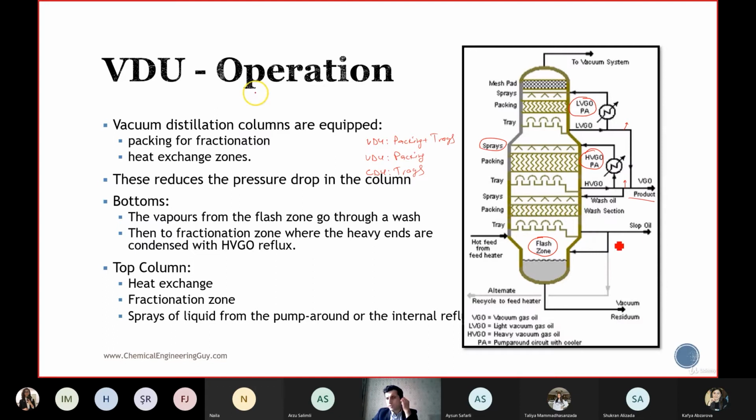Then we have the slop oil, which mostly is recycled back to the crude distillation unit. And then we have the vacuum residue, where we send the vacuum residue to the delayed coker unit to produce coke, and the bitumen blowing unit to produce bitumen or asphaltene.